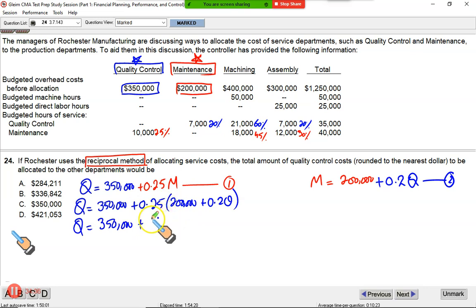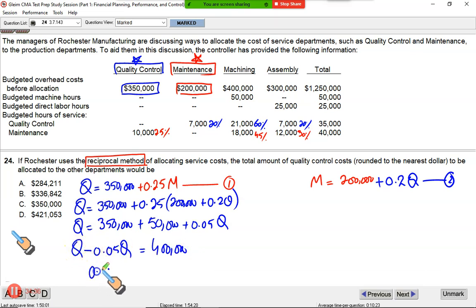That gives me 50,000. 0.25 into 0.2 gives me 0.05 Q. Now I have Q here and negative 0.05 Q here. It's equal to 350 plus 50, 400,000. So Q minus 0.05 Q will give me 0.95 Q.